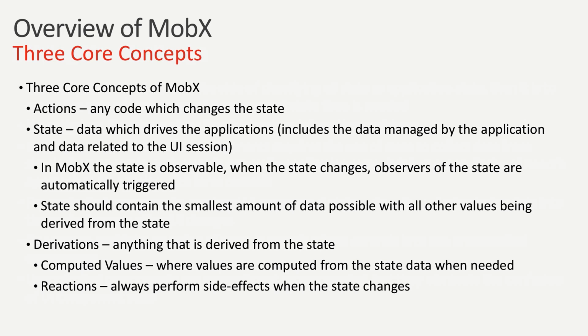So for example, if I had a shopping cart with 3 items in it, I wouldn't want to store necessarily the total value of items in the shopping cart on the state, because I can derive that by computing the actual shopping cart items and their price to then generate the total price of the shopping cart. Then reactions perform side effects, doing things like updating databases and calling REST services and stuff like that.